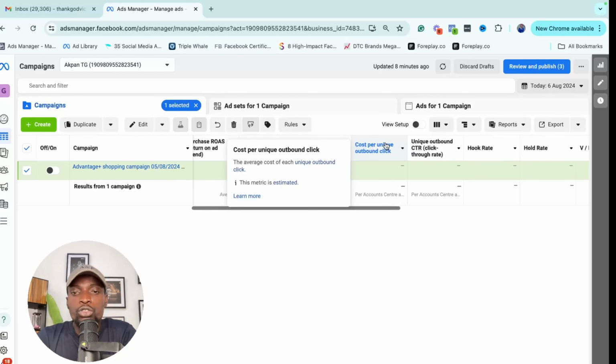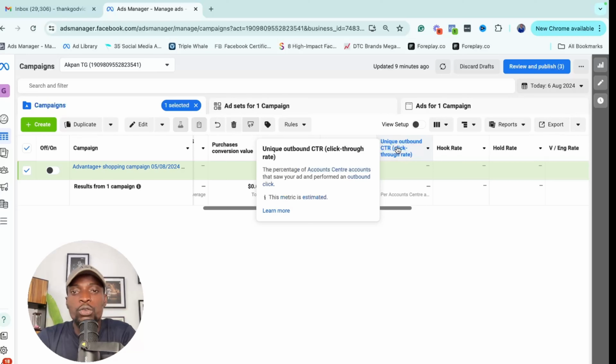Now, I don't use cost per click. I like to use my cost per outbound click, because cost per click could mean that anybody who maybe clicked on the profile of the ad or any surrounding around that ad. But if you're using cost per unique outbound click, it shows you, okay, how much are you spending for a particular click to your website? Let's click on the CTA itself and then go into the landing page. So it's very important to note that.